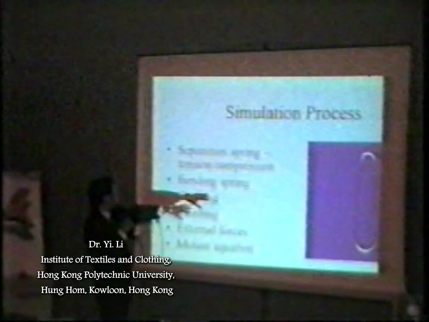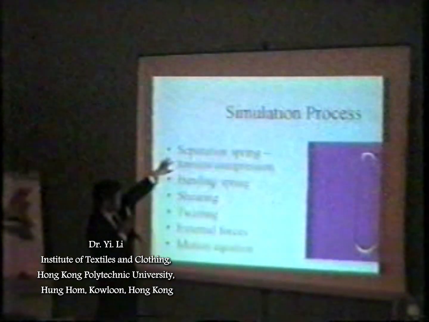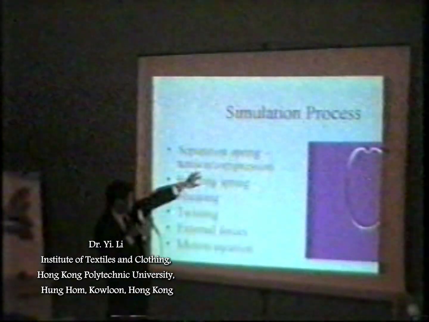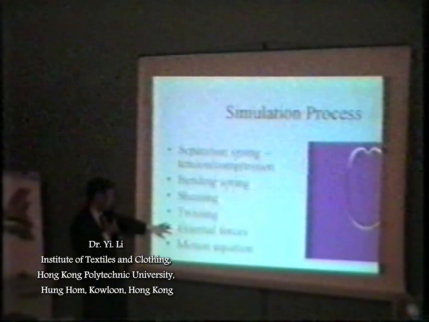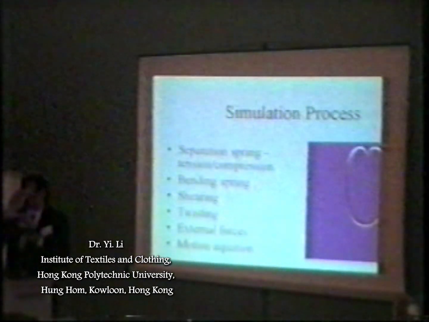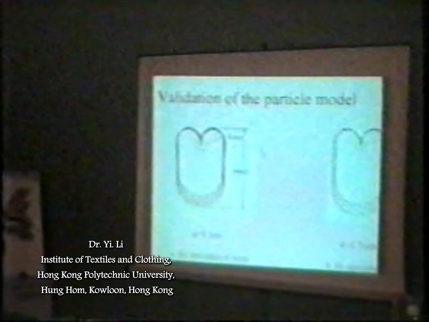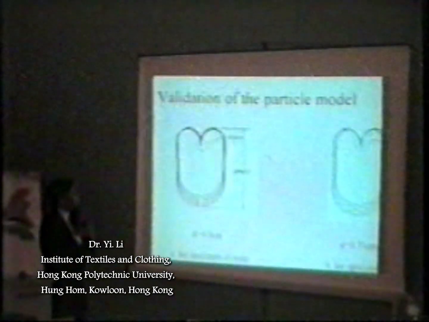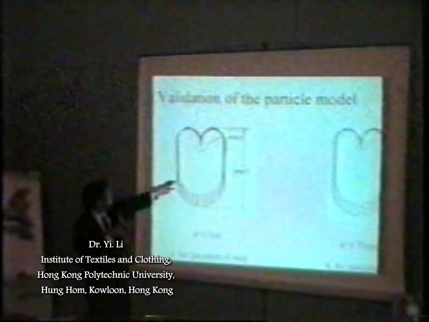One is using the heart loop, where we have considered the separation of the strain, tension, compression, bending, shearing, twisting, extension, and the motion equations. So that's the features of these heart loops.